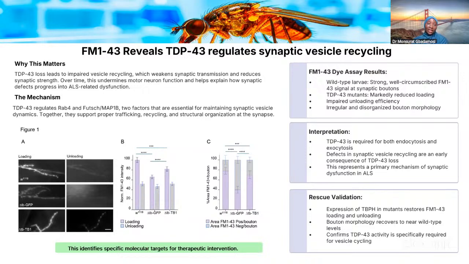When we did this with the mutant, we found that the mutant had problems loading, which translates to endocytosis. They also have problems unloading the dye that they have loaded. So that means they have problems in exocytosis too, which is in line with our hypothesis right from the beginning, because we have some synaptic proteins being downregulated.